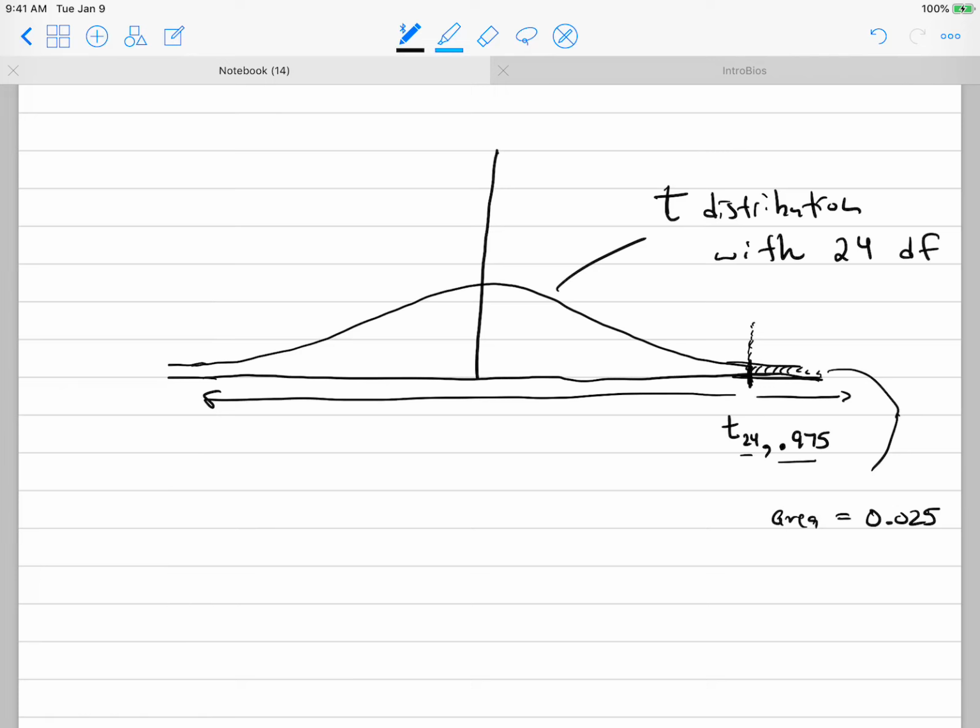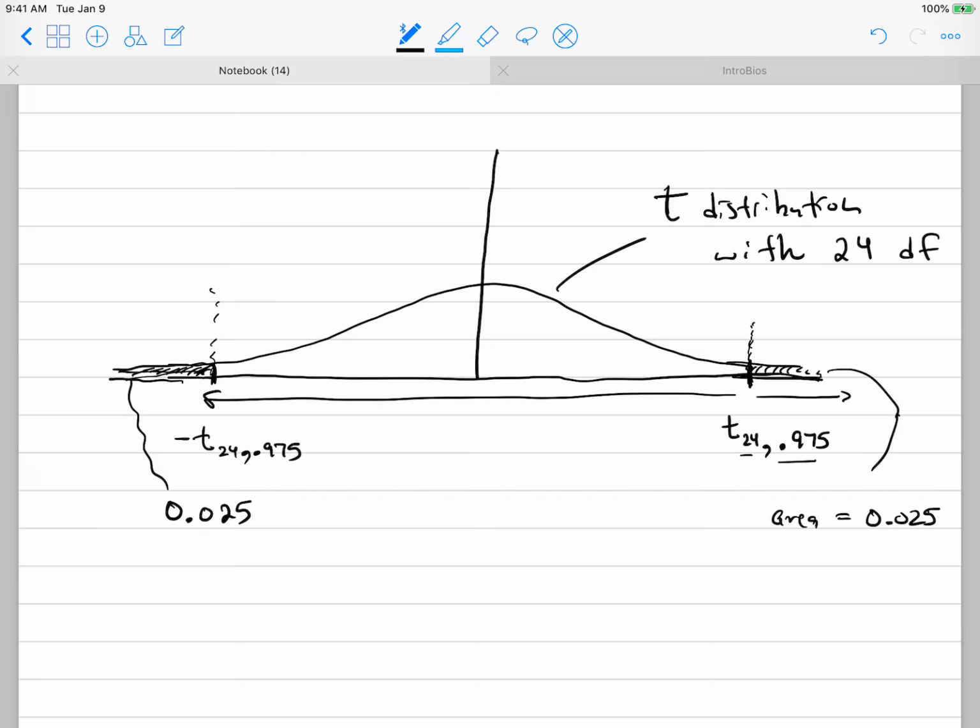And if I drew the corresponding negative value of this number, so let's just pretend that's here. So we've got negative t 24, 0.975. So since the t-distribution is symmetric about 0, that would also mean that the area on this side, of the negative of this number, is also equal to 0.025.